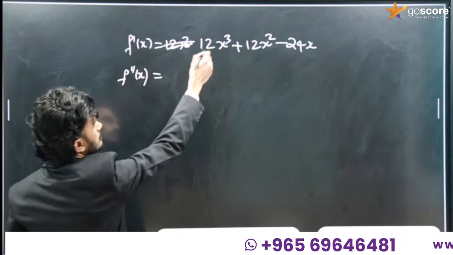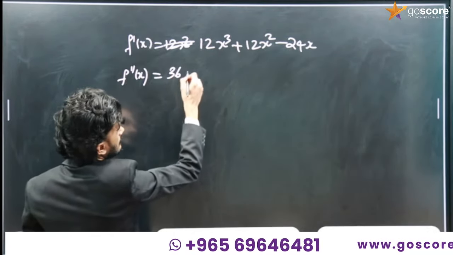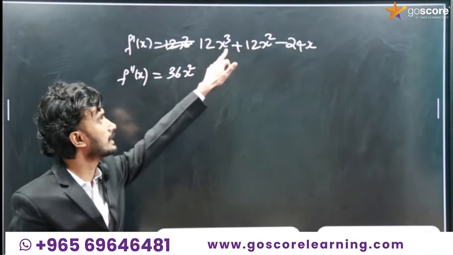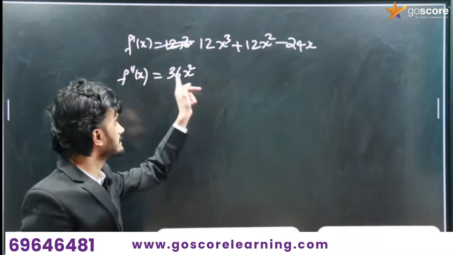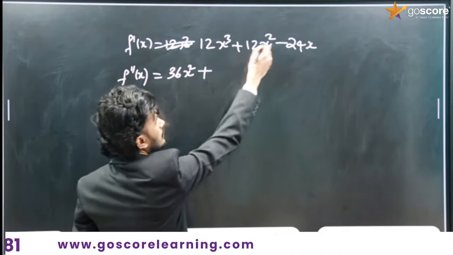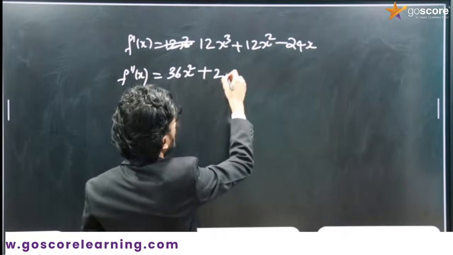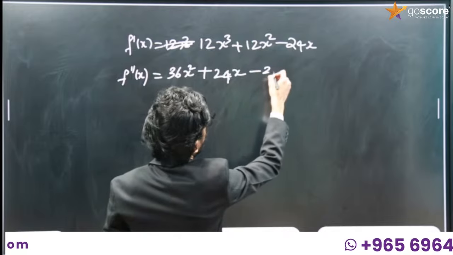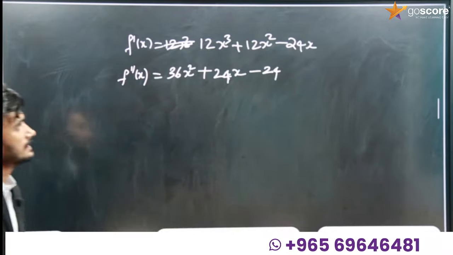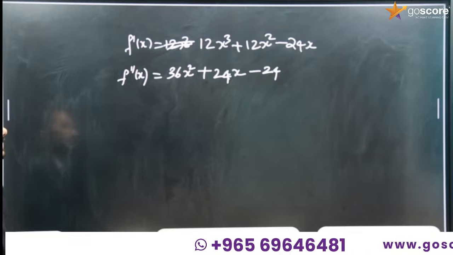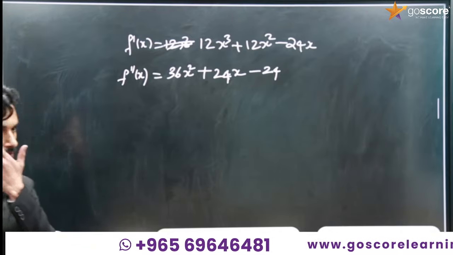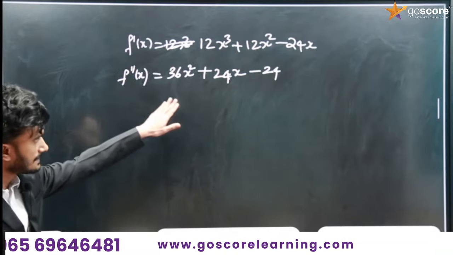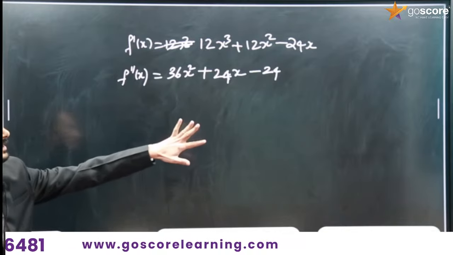Take the derivative: 12 into 3, 36x square, then 12 into 2, 24x, minus 24. So f double dash x is 36x square plus 24x minus 24.